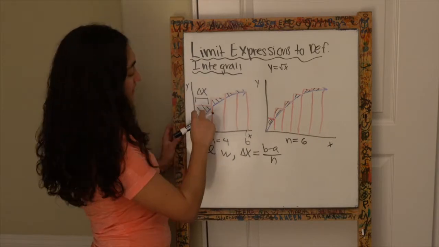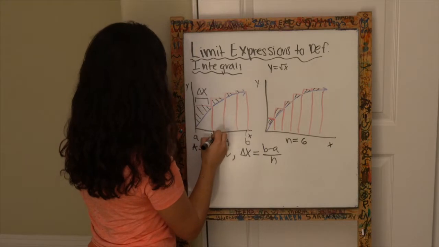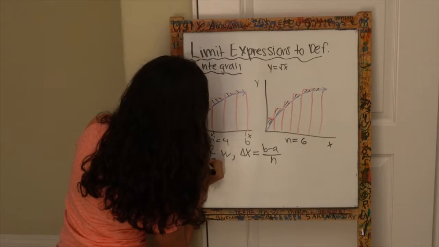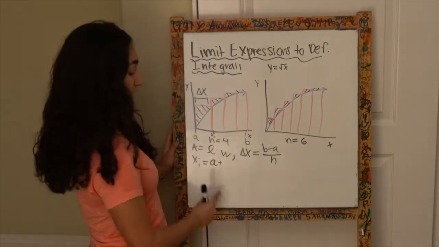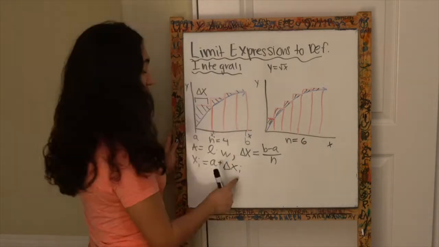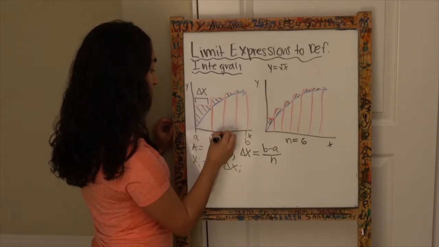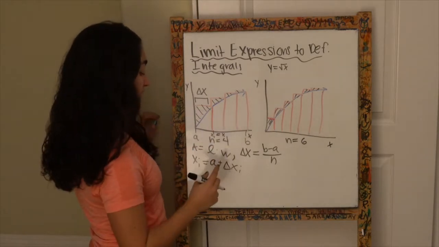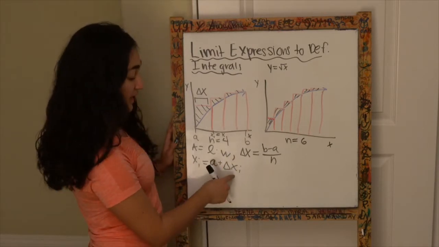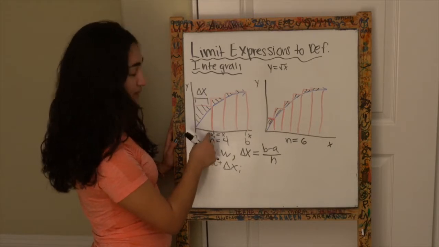And now we want to find the height. So we can call this value x sub i. And x sub i is equal to the starting point, a, plus the change in x, times i, which is the number of rectangles. So x sub i here would equal x1, and we would find this by setting i equal to 1 and multiplying it by change in x and adding it to a to find this x value.